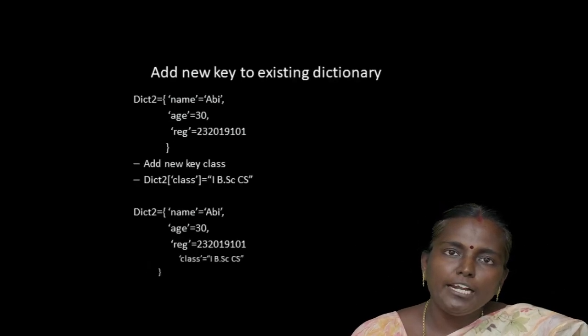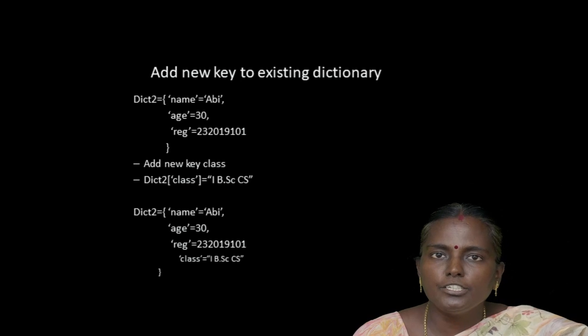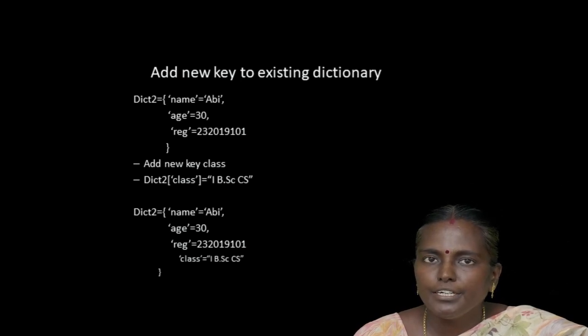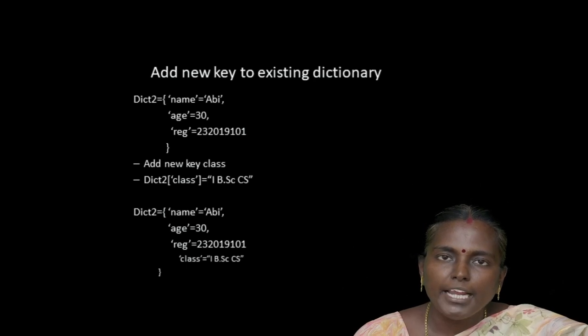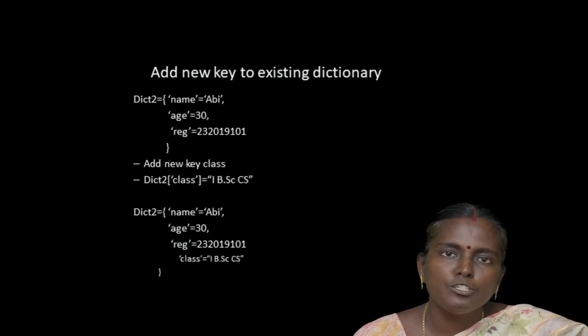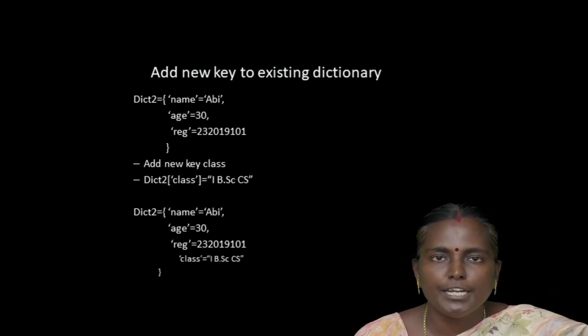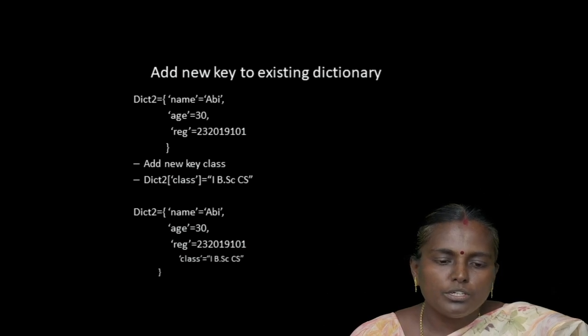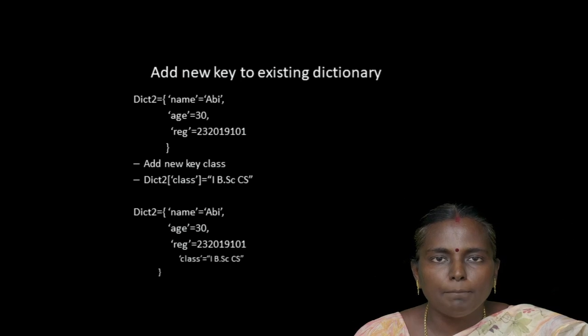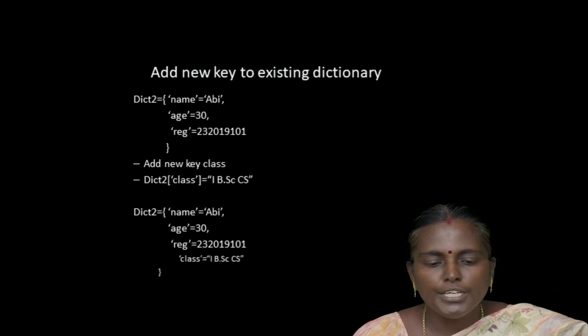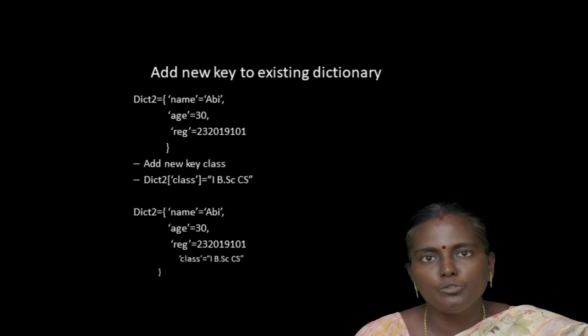Can we add a new key to an existing dictionary? Already I have created a dictionary with name, age, and register number. Can I add some more keys to that existing dictionary? Yes, we can do it. Adding a new key value could be done by dict2 of class, where I am going to add a class key to the dictionary.